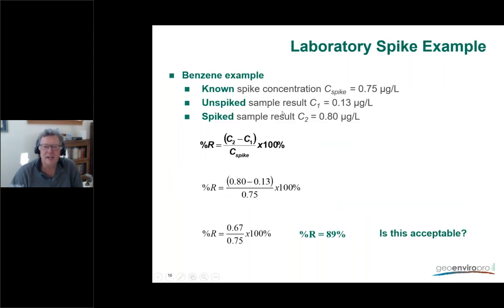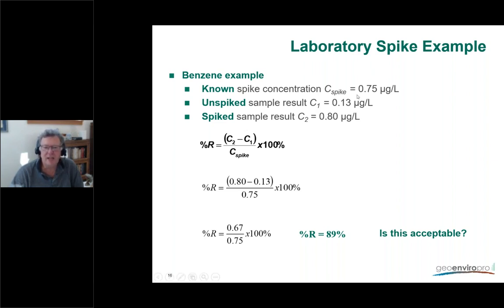This laboratory spike thing I talked about, this is where you'll see in the laboratory reports a percent recovery, where your laboratory takes a known spike concentration and adds it to another sample. So here we've got a spike of 0.75 microgram per liter added to a sample that already has 0.13 microgram per liter of this unknown chemical.